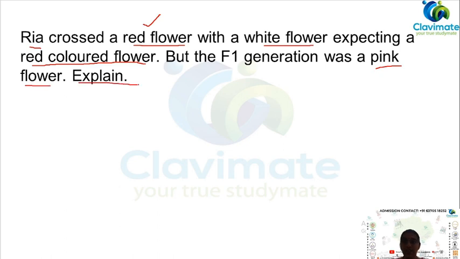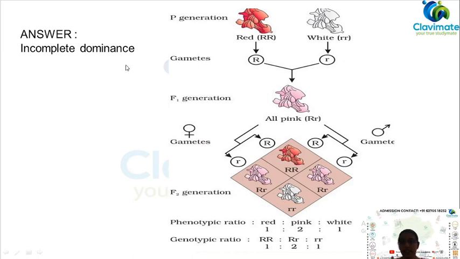So you have to explain why she got a pink flower. Let's get into the answer. The answer is because of incomplete dominance. This is a rule that does not follow Mendel's rules.